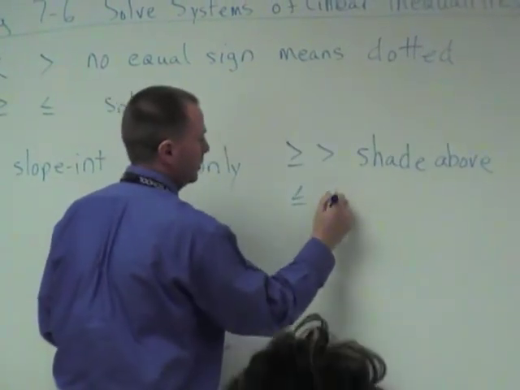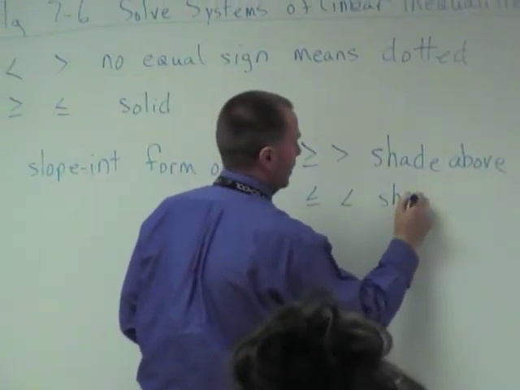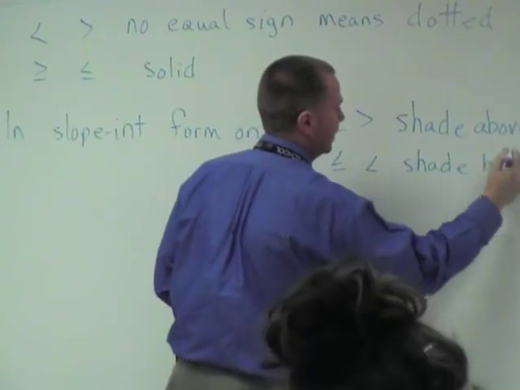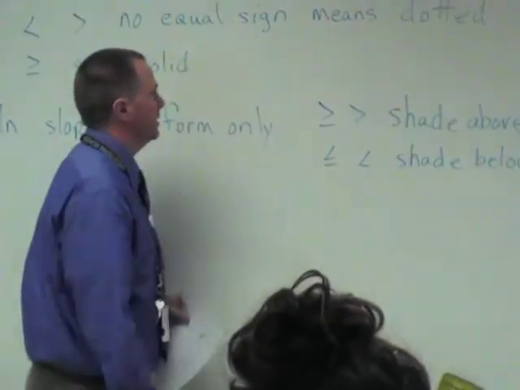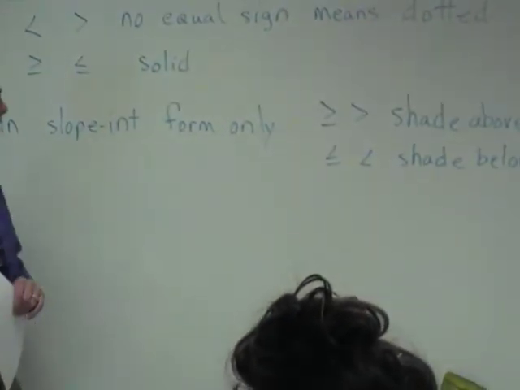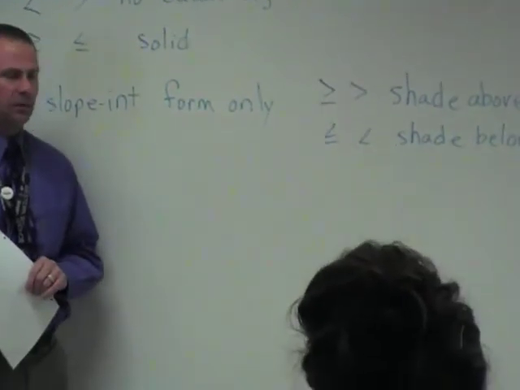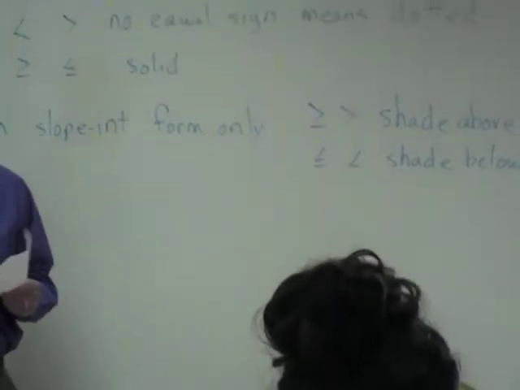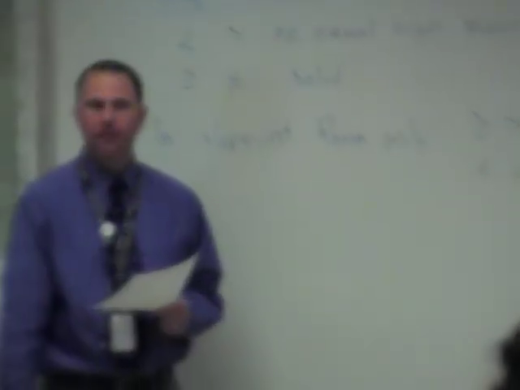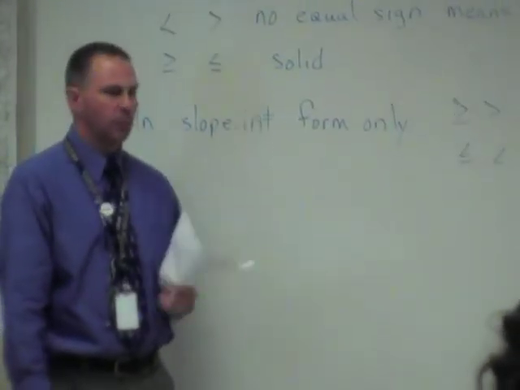And less than or equal to, or less than, you shade below. Again, this is exactly what we've done in the previous sections. Just reviewing it. It's only the variables on the left, right? Yeah, slope-intercept form. Y is on the left.